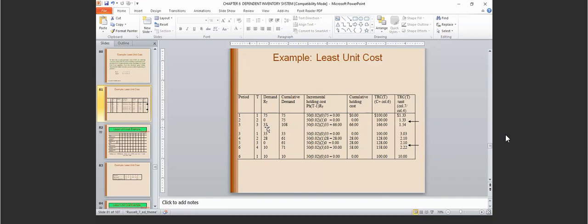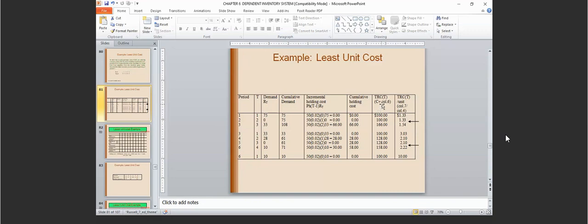With period 3, we have a gross requirement of 33. So we have a new cumulative demand at 108, where 75 in the previous cumulative demand plus 33. The incremental holding cost here is 66, and the cumulative holding cost is also 66, where 66 plus 0 in the previous cumulative holding cost.